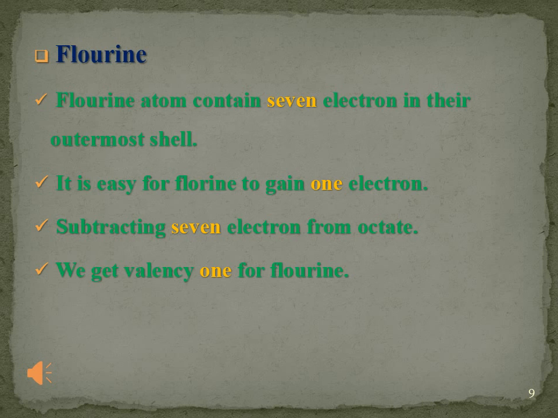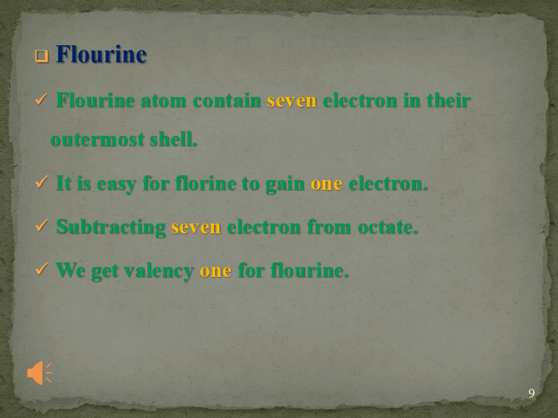Now to obtain an octet in the outermost shell, it is easy for fluorine to gain 1 electron. So we subtract 7 electrons from the octet and we get 1. So we get a valency of 1 for fluorine, and if you check the valency of fluorine, that is 1.